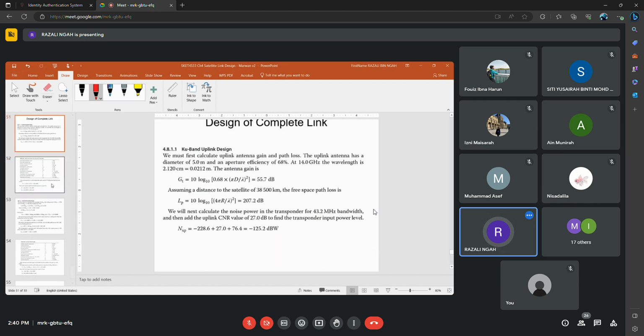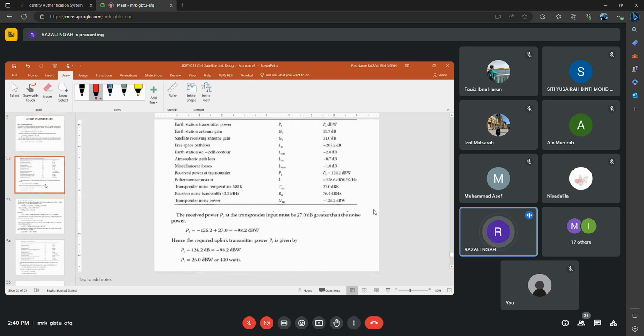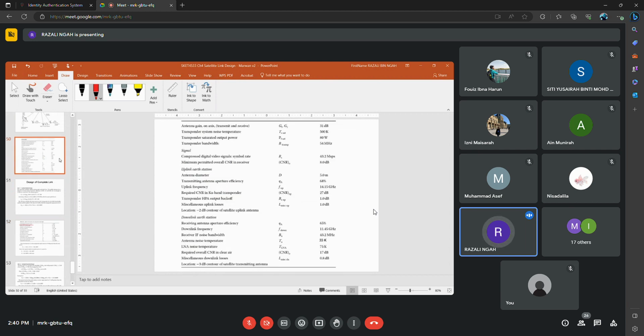So even though it is not stated here, this is supposed to be saturated output power, even for a station, and also from the satellite.